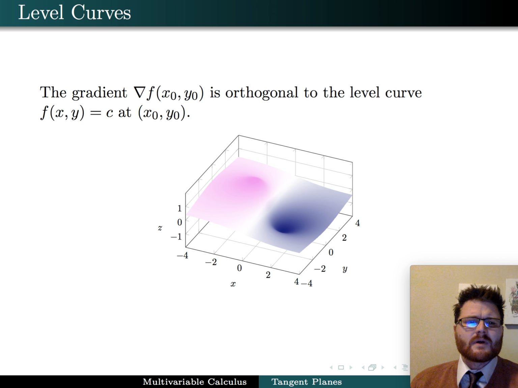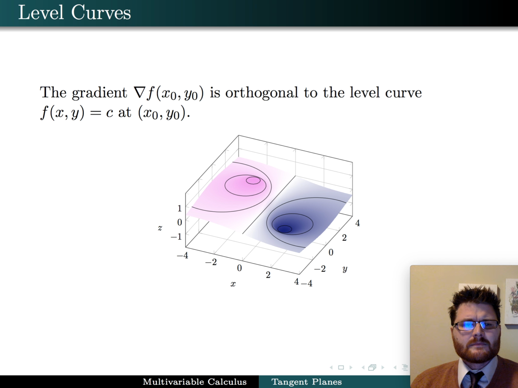Well, if we remember, we introduced the gradient, and we've talked in class about how the gradient is orthogonal to level curves on a surface at any given point. That is, at any point there is some level curve, and if we look at the gradient, which we know points in the direction of greatest increase, that's always going to be orthogonal to the level curve there.